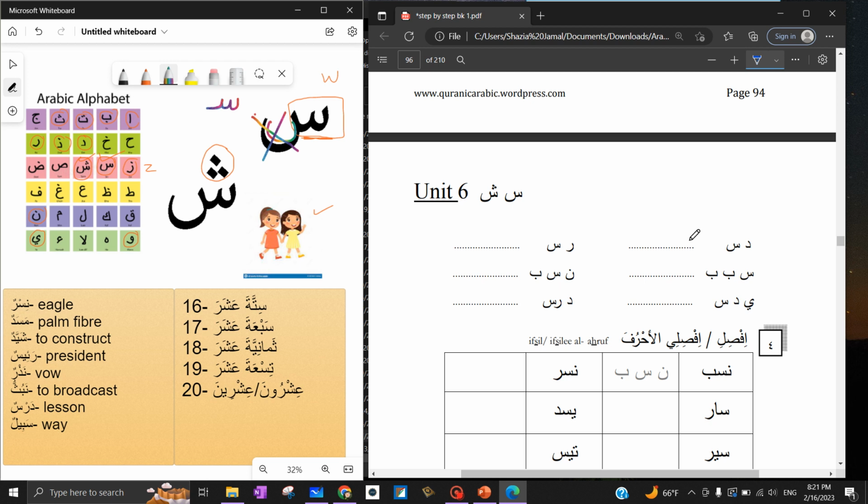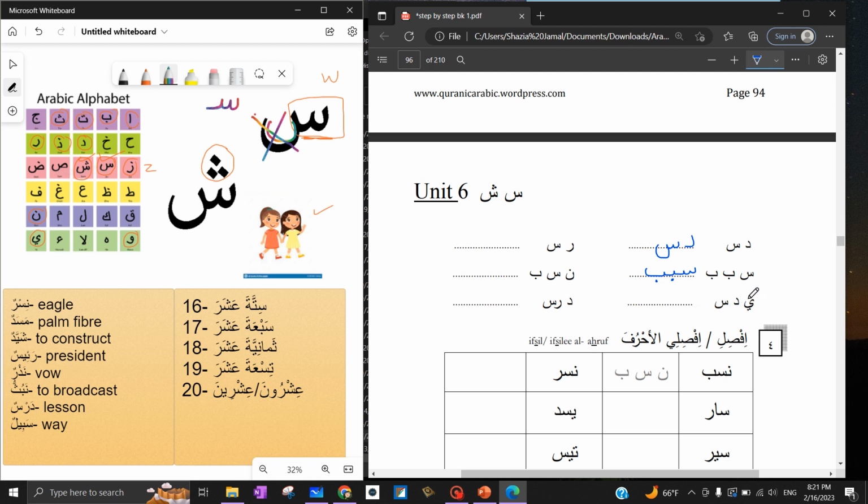Dal as a non-connector cannot be joined from the left side, so it will be isolated, written on the line, and then seen in its full form. Seen, ba and ba all are connected together, so seen and a small tail, then ba and then ba. So ba doesn't have a tail with it, just like seen. So seen comes with a small tail.